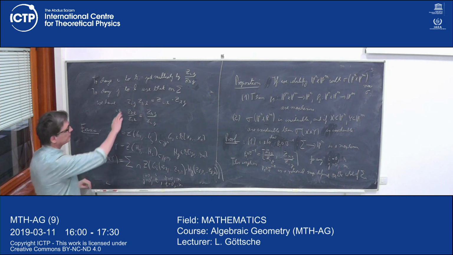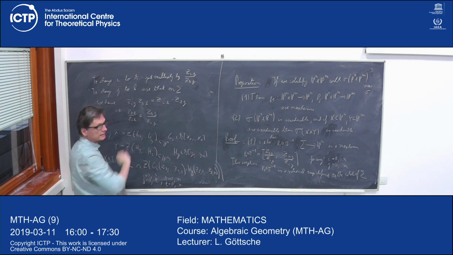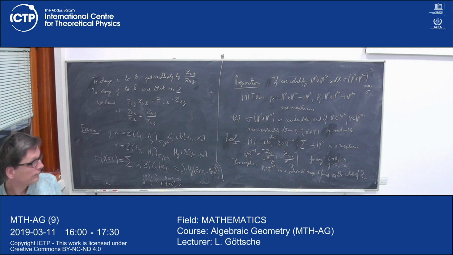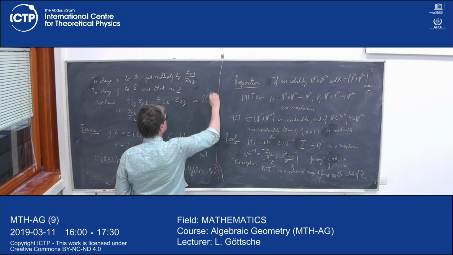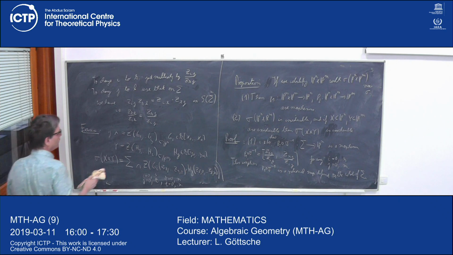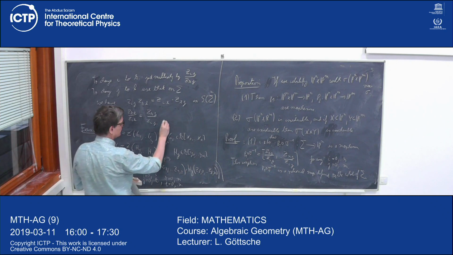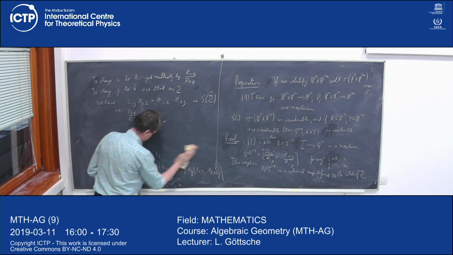So in the coordinate ring of sigma we have this identity, and therefore in the fraction. And so this means it is indeed a morphism defined everywhere.